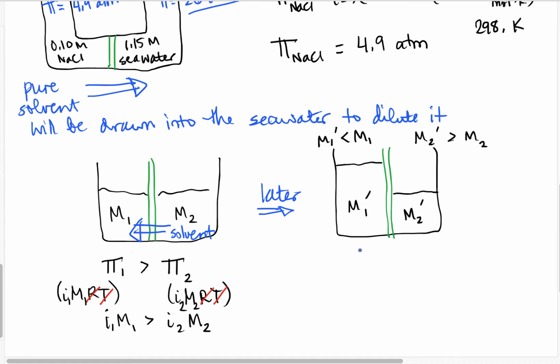And so ultimately, at the end, our pressures will be the same, and they become balanced. That happens because the combination of our new i1 times M1 prime is equal to our i2 times M2 prime. Okay, so those are the parts that are going to come into play here.